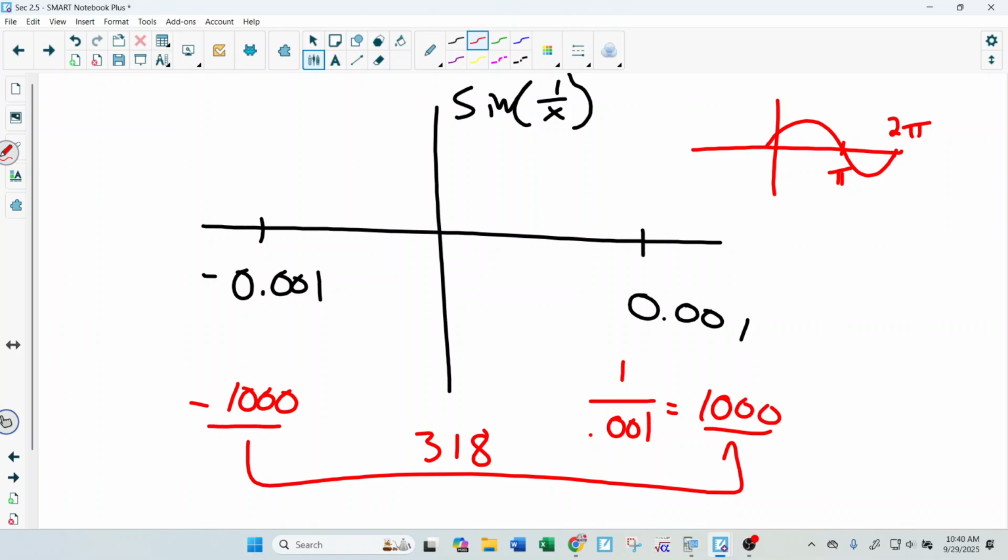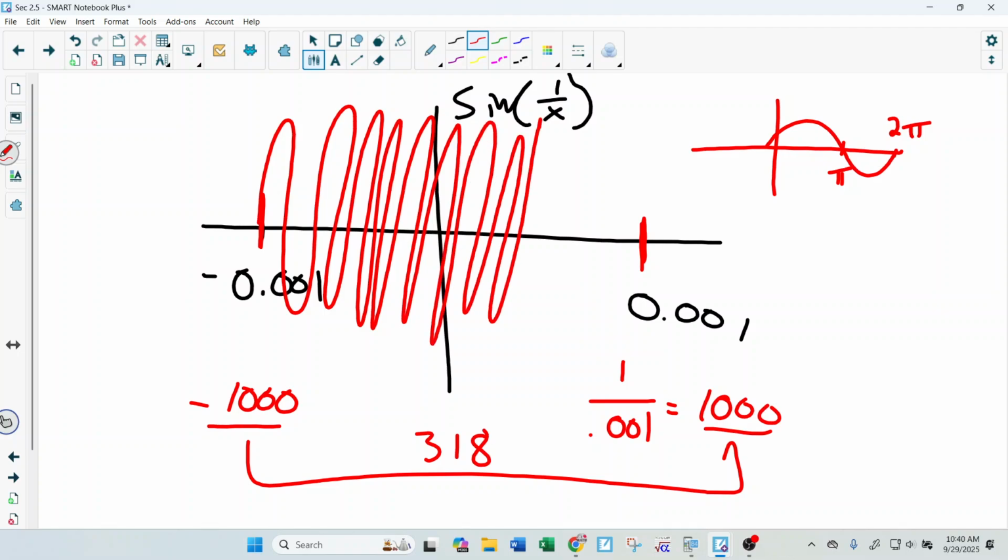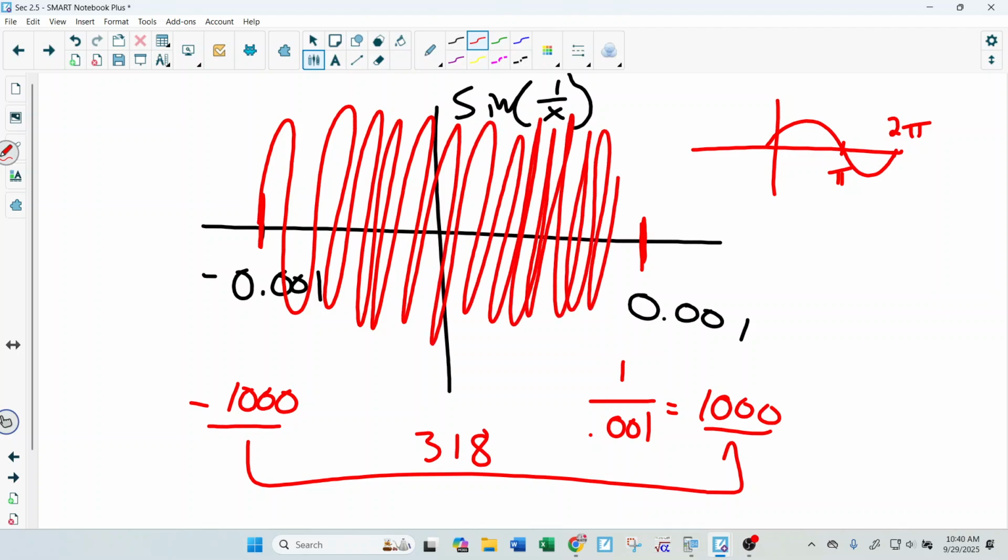So what that means is between -0.001 and 0.001, in that window, we have 318 complete sine curves going back and forth.